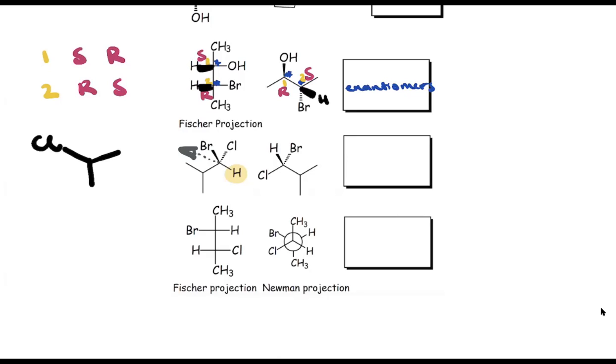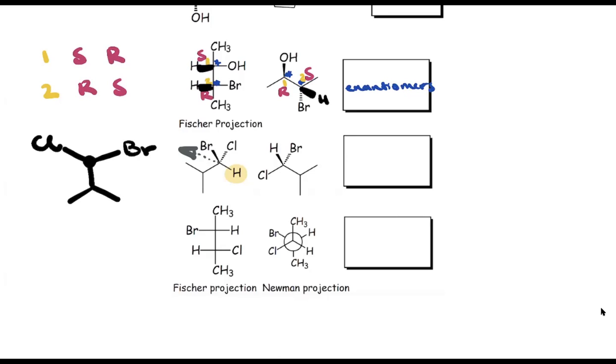My bromine, which was originally pointing forward towards me, will now be on the right. And then the rest of the molecule, the isopropyl group, will be like that. So this is pretty much a perspective drawing, looking down that, and I want to go and find my priorities for this.